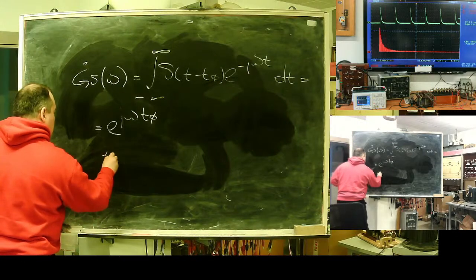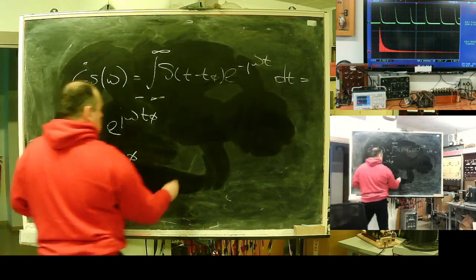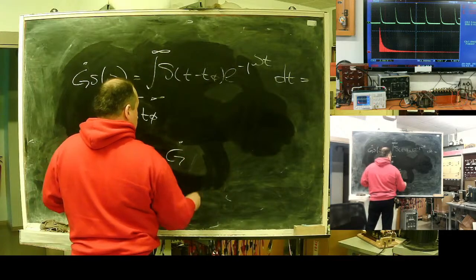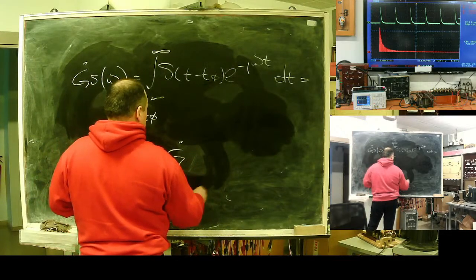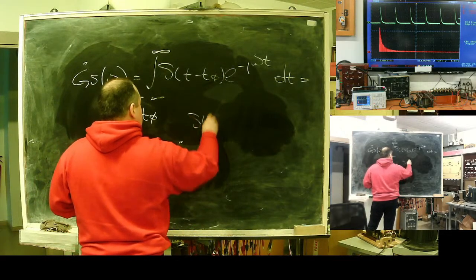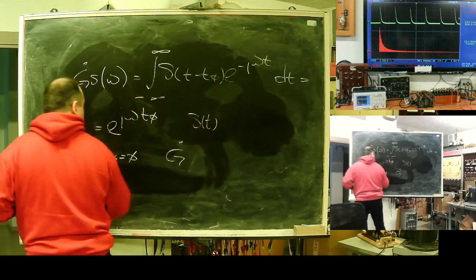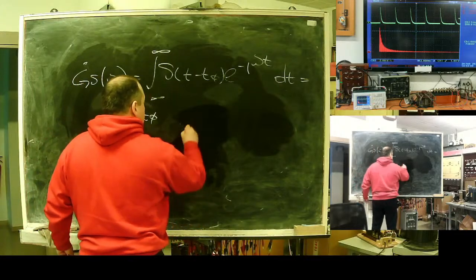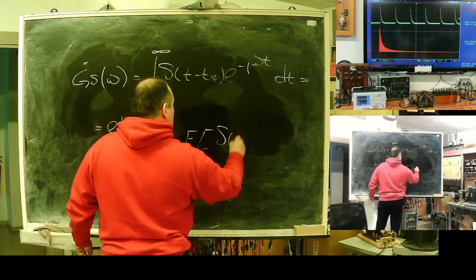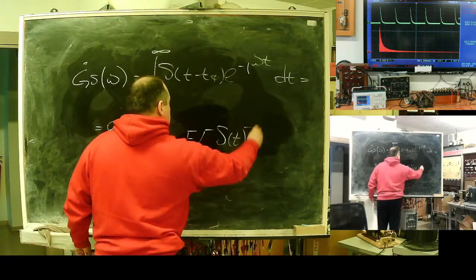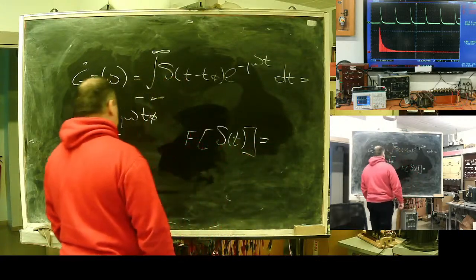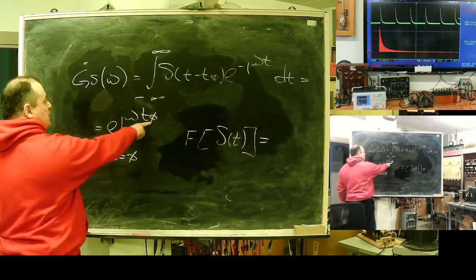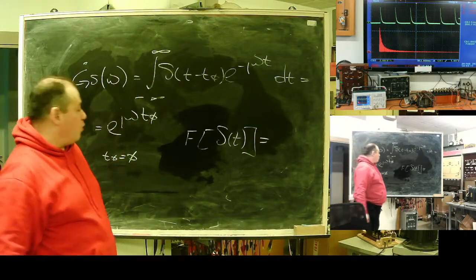In case t0 is 0, the spectral function is simply 1. If you put 0 here, you will get 1.